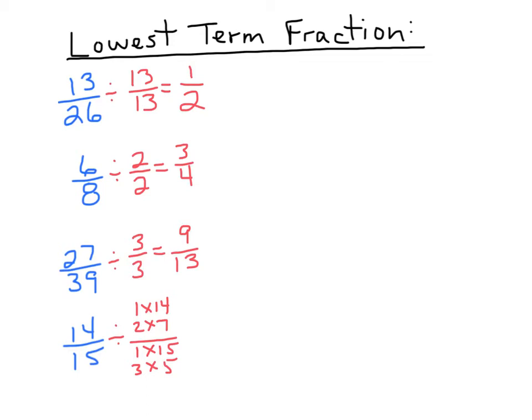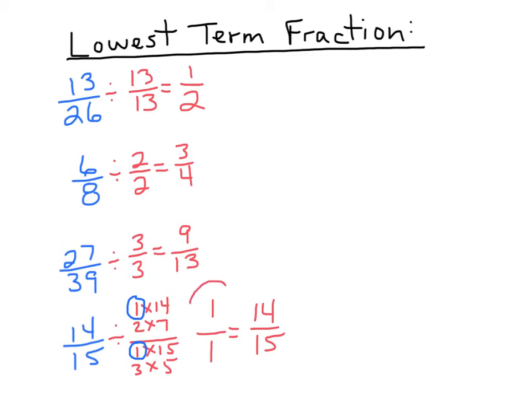So, in this particular case, there's only the number 1 that's a common factor for both 14 and 15. So the only thing that I could divide this by would be 1 over 1, and I'd still get 14/15, which leads us into the definition of determining whether or not a fraction is in lowest terms.